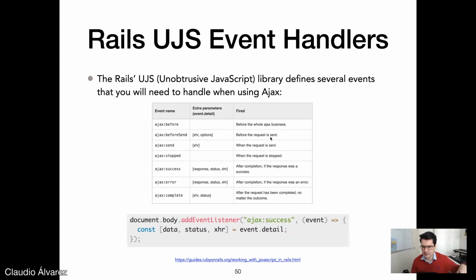Antes de que el request se manda, después de que el request se manda, cuando el request es detenido, cuando hay éxito, cuando hay error y cuando está completo. There you got a series of different possible handlers. O sea que tú puedes agregarle un event listener al body incluso, o lo puedes agregar al elemento, al link o al botón, en fin.